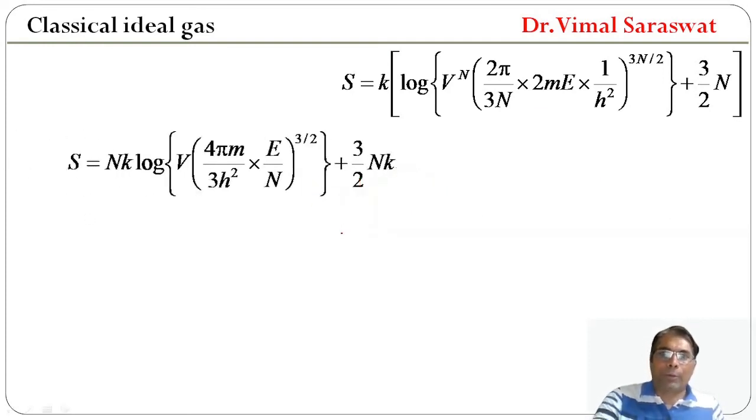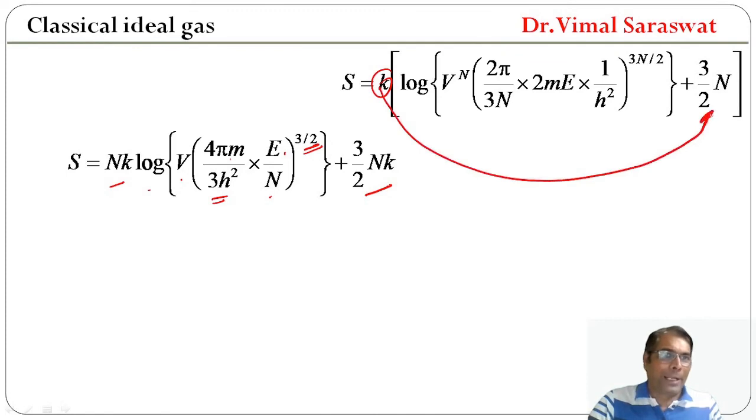So S equal to nK log [V (4mπ upon 3h square)(E by n)] power 3/2 plus 3/2 nK, because this K will also be multiplied with this one.